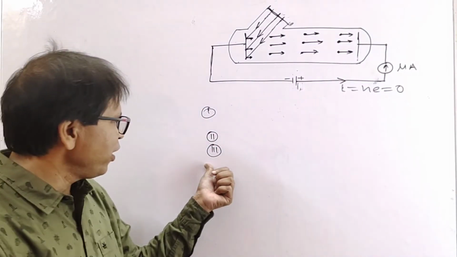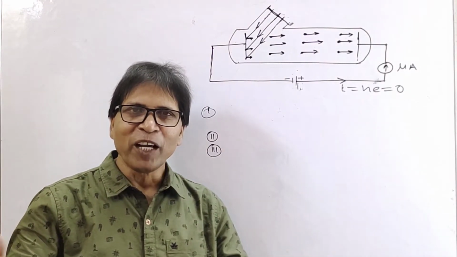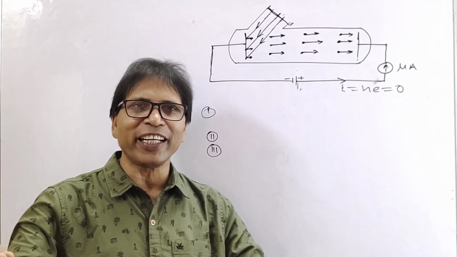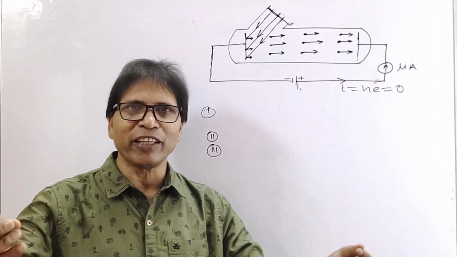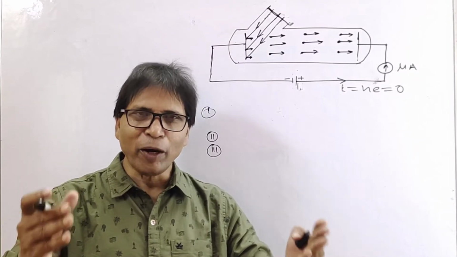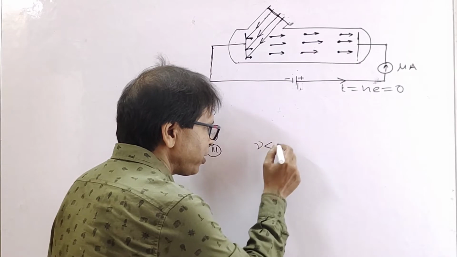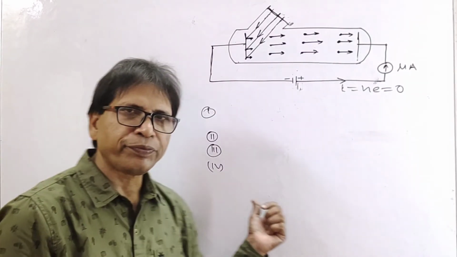Okay. Now, characteristic 3. The minimum frequency of radiation by which electrons are emitted is called threshold frequency. No emission takes place if the frequency of incident radiation is less than threshold frequency. Number 4.